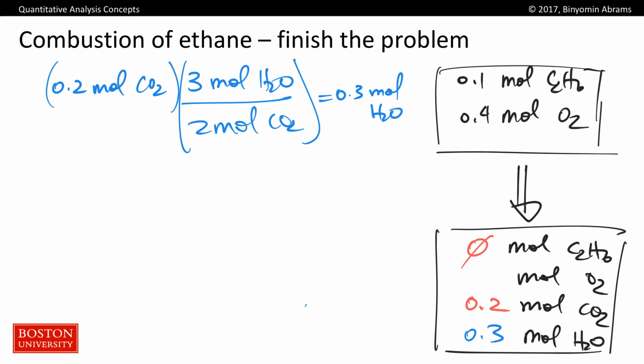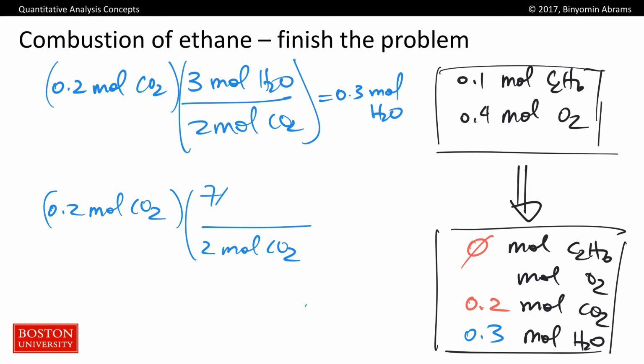So now all that's left is to figure out how much of our excess reagent, oxygen, is remaining. Similarly, we start with the amount of carbon dioxide that forms, and we recall that for every 2 moles of carbon dioxide that form, we must have used 7/2 moles of oxygen, which means we've used 0.35 moles of oxygen gas.